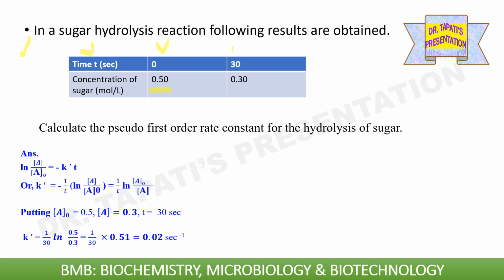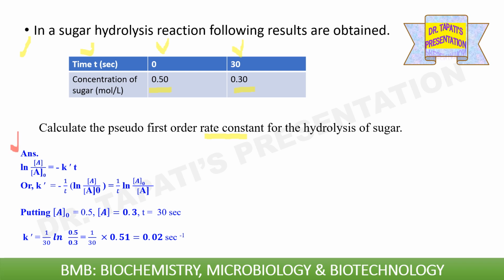When t is equal to 30 seconds, at that time concentration of sugar is 0.3 mole per liter. So it is a pseudo first order reaction. The question is calculate the pseudo first order rate constant for the hydrolysis of sugar. Let's solve it.